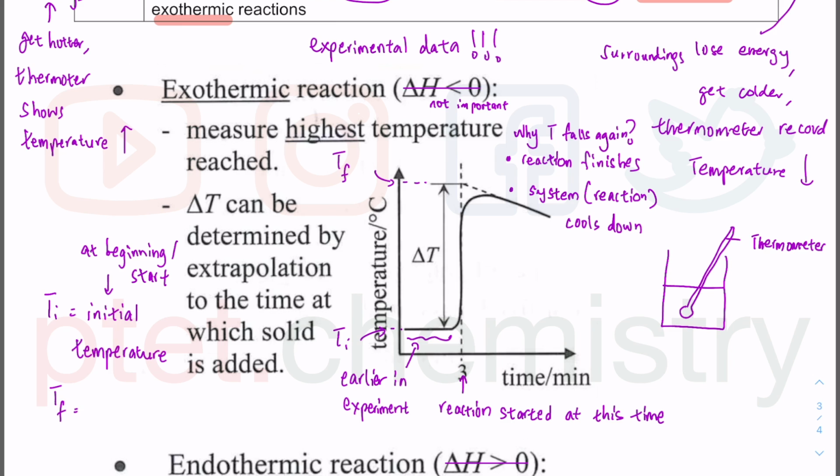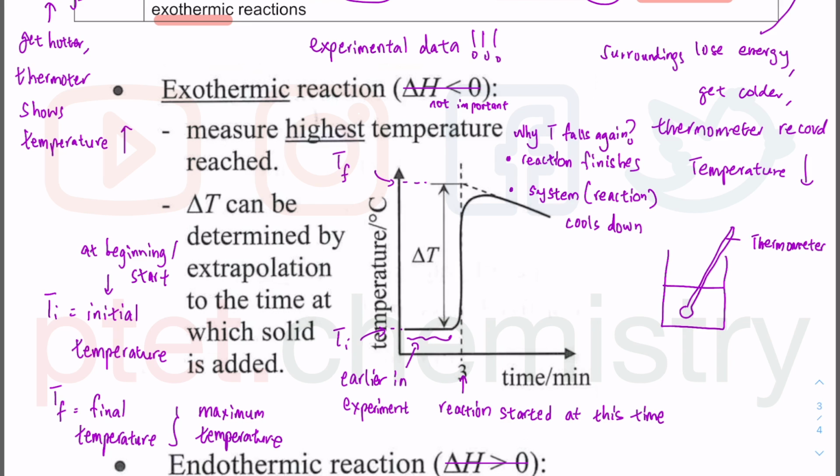So Tf is the final temperature. That is essentially the maximum highest temperature that this reaction could reach as you mix the reactants together, at this particular time, which we cannot monitor or obtain directly.